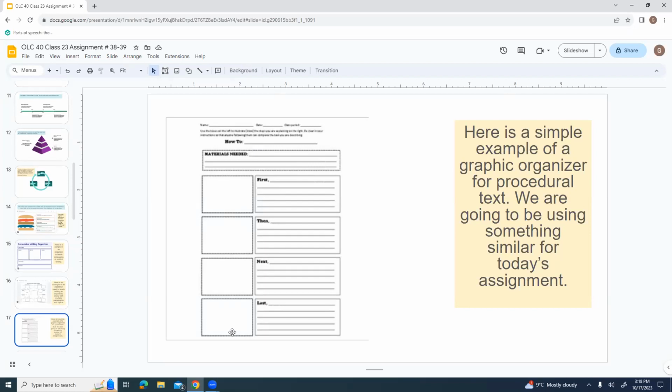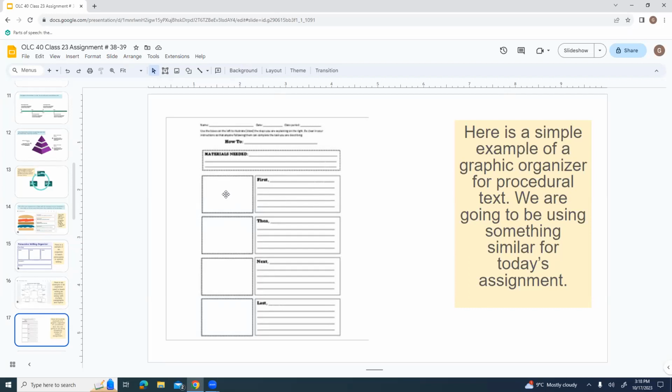Now, these little squares here are where either diagrams or photographs might show up to show you what it looks like. And the reason for that is it can be really hard to explain how to do something just in words. The other thing is some people can look at a picture and find that easier to understand than just the words, especially if it was something that involves a lot of spatial relationships.